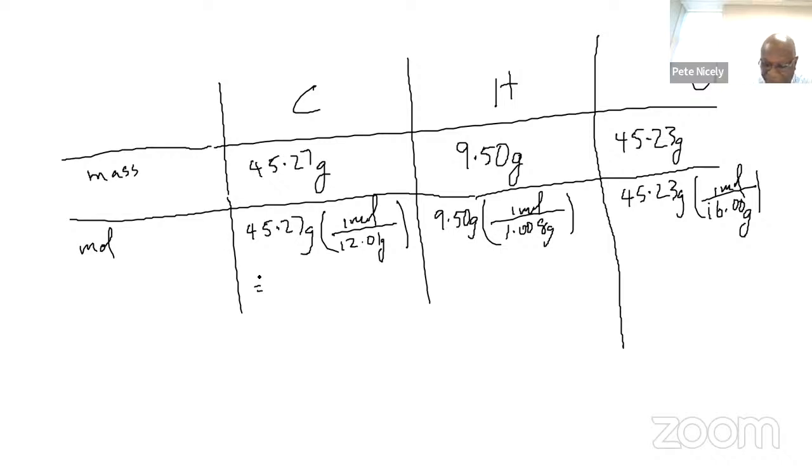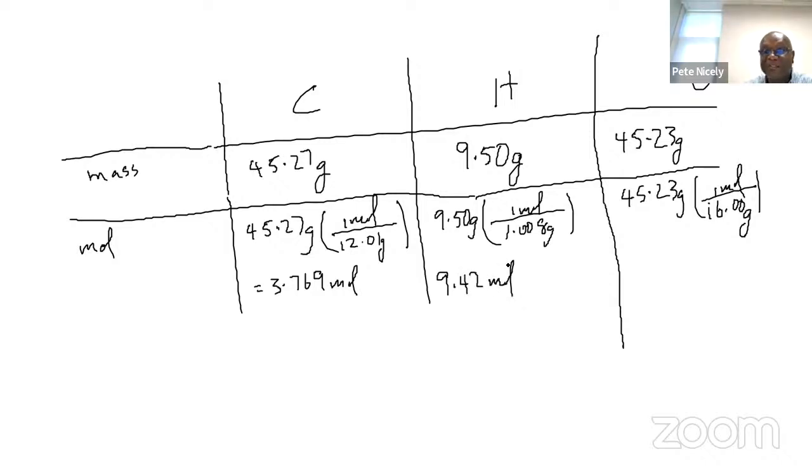And then we do our calculation like we did before. So I'm going to take the 45.27 and divide that by the 12.01. According to my calculation, this works out to be 3.769. In the case of hydrogen, 9.50 divided by 1.008 would be 9.42 moles.